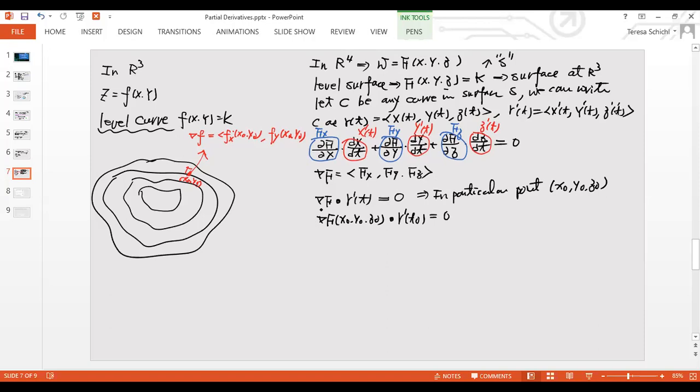That means del F(x0, y0, z0) is perpendicular to the tangent vector r prime(t0) to any curve C.